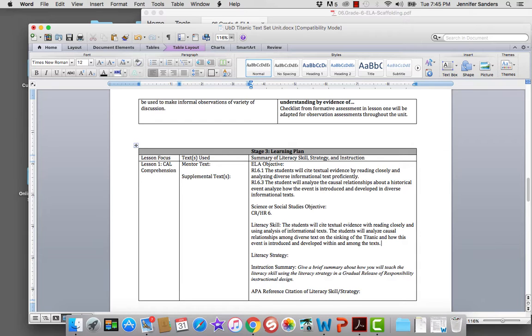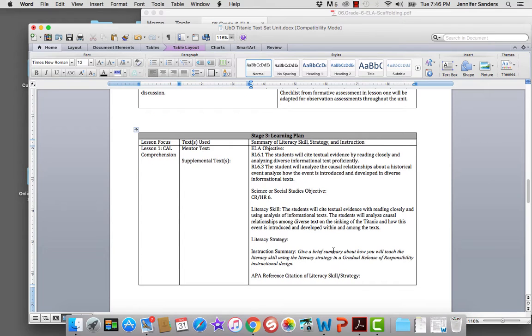Because we're going to look in and across the text. So that's the skill. Okay? Then you want to look at literacy strategies. Now we're working on what activity can help me achieve these objectives and this literacy skill.